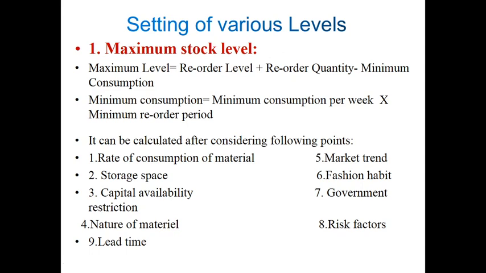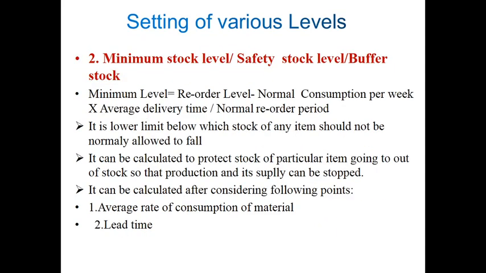Then we can also calculate the minimum stock level. This is also called safety stock level or buffer stock level. It is a lower limit below which stock of particular goods should not be allowed to fall. Therefore minimum stock level is equal to reorder level minus normal consumption per week into average delivery time or normal reorder period.